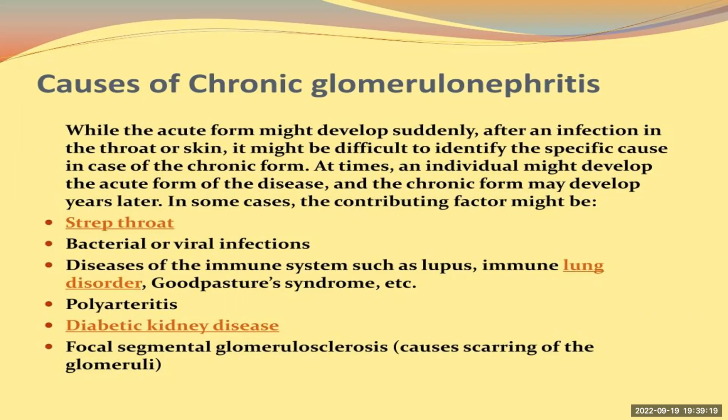In the manner of this procedure of formation of glomerulonephritis, it would have started in any part of the body, like a sore throat or a bacterial infection which has affected your lungs or any other bodily conditions, which may further lead to the development of chronic glomerulonephritis, and also polyarthritis, diabetic kidney disease, focal segmental glomerulonephritis and Goodpasture syndrome. Okay, Goodpasture syndrome. All these may lead to chronic glomerulonephritis.